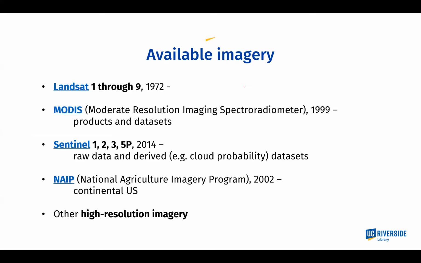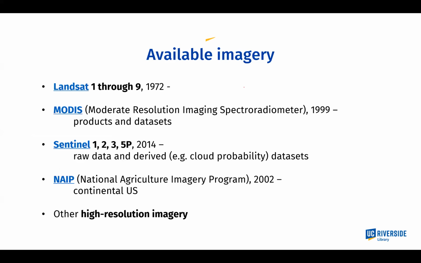So here's a synopsis of what's available as far as imagery goes. The first three, Landsat, MODIS, and Sentinel, are acquired by satellites, and you can see there's a good time range. So if a time series type of analysis is what you're after, this would be a great source for this kind of satellite imagery or remote sensing information.